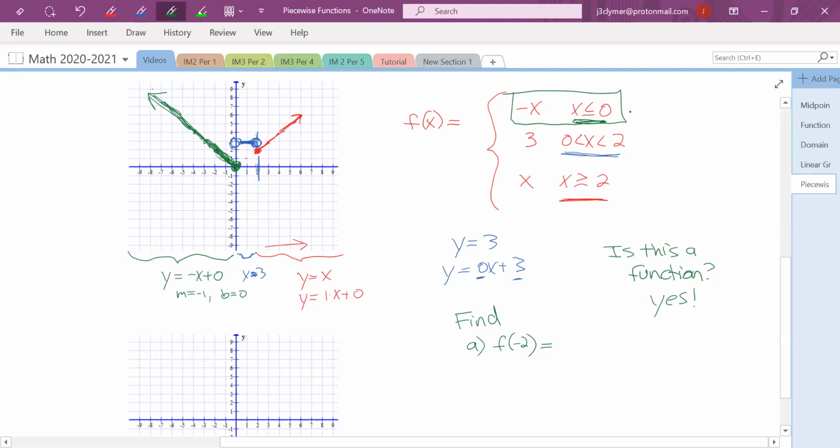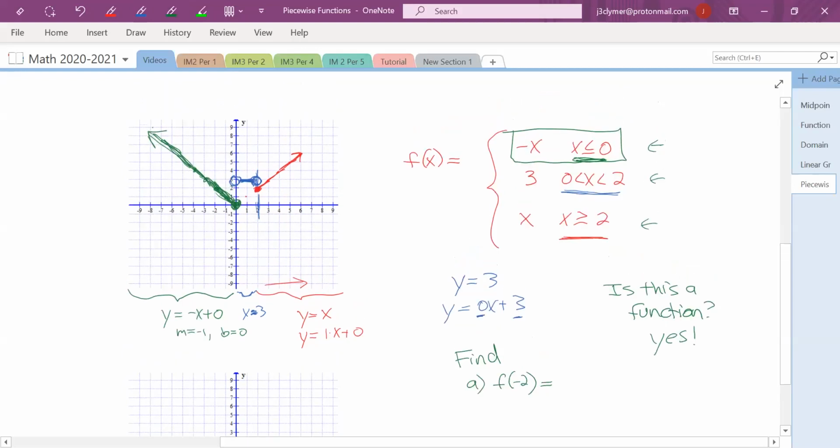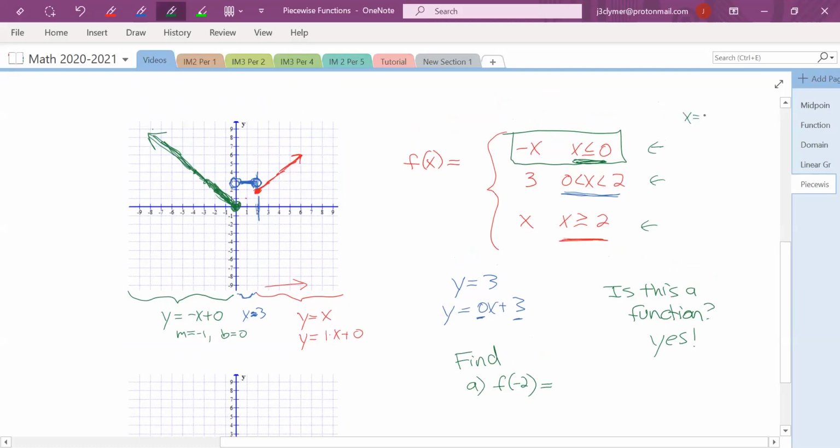So you come over here and you say, okay, which one of these things do I plug into it? Do I plug into that one? Do I plug into this one? Or do I plug into this one? But in order to figure out which one it is, you have to say, where does x equals -2? Where does it fall? Does it fall in this interval? Does it fall in this interval? Or does it fall in this interval? And we can see that -2 is less than 0, so it falls into this interval. So you're going to use that function.